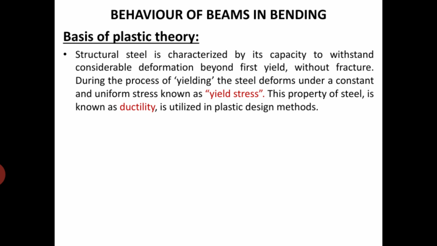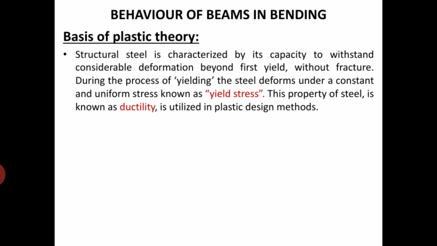In such a case, that is in elastic theory, we are not at all using the full capacity of the steel. Since steel is ductile in nature, it will be capable of taking a huge amount of deflection or deformation even after crossing the elastic limit without any failure.